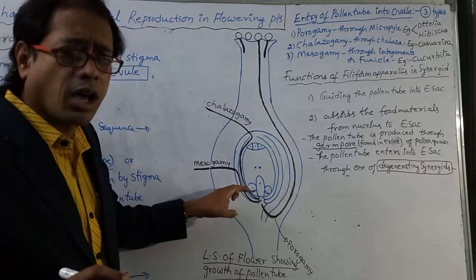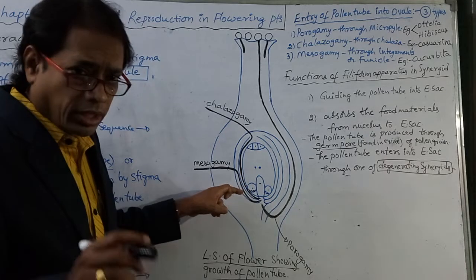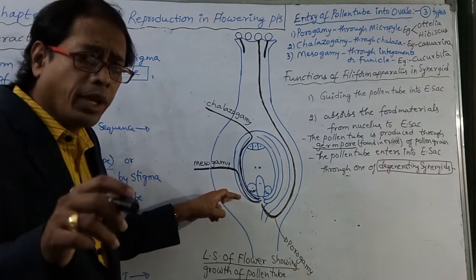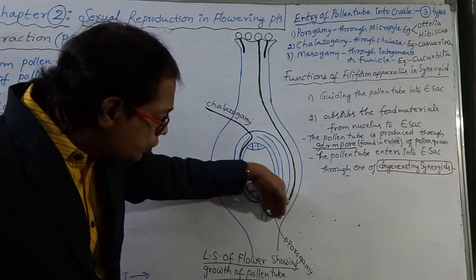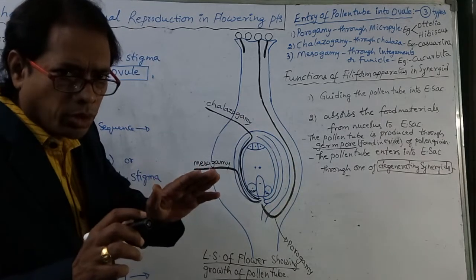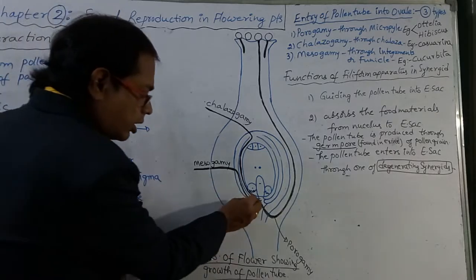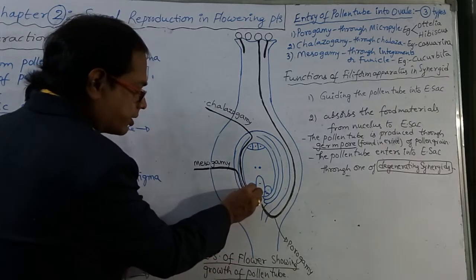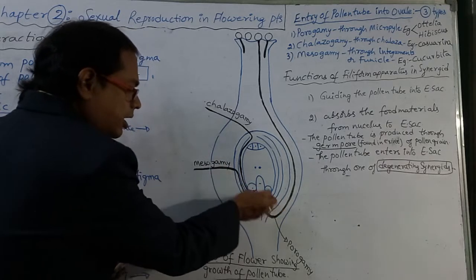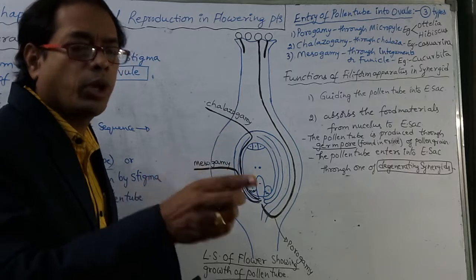What are the functions of filiform apparatus? That means filiform apparatus helps in guiding the pollen tube into the embryo sac. That means it guides the pollen tube to enter into the embryo sac. And also this filiform apparatus absorbs the food materials from nucellus and supplies to embryo sac.